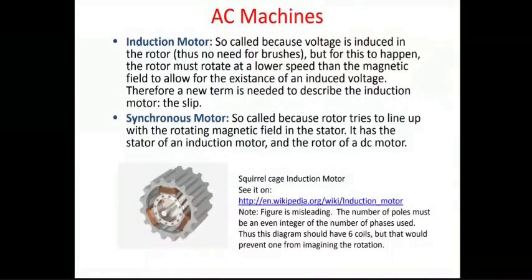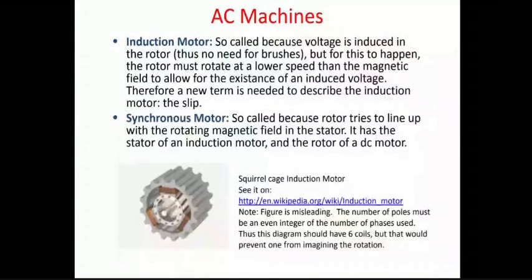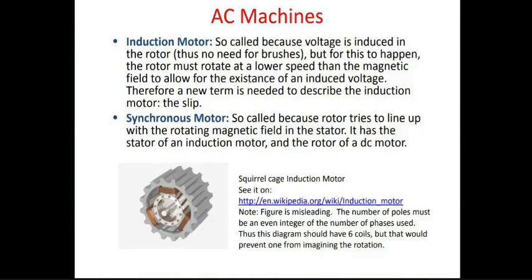Synchronous machines, whether motor or generator, run at a constant speed. Take that for sure. Induction machines do not have to. At least that much you should remember. We are going to go through these two much more in detail.